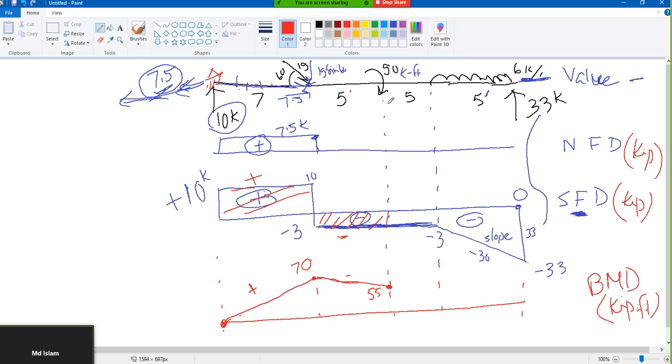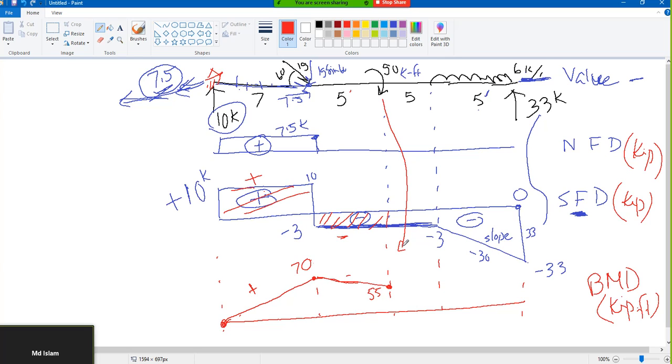Okay, after coming here, what to do? You can see I had a concentrated moment. I need to take care of this. Why? Because now I am considering moment, so I should consider the moment. It is 50, and for sign convention, you can remember, inside the beam, clockwise means positive.